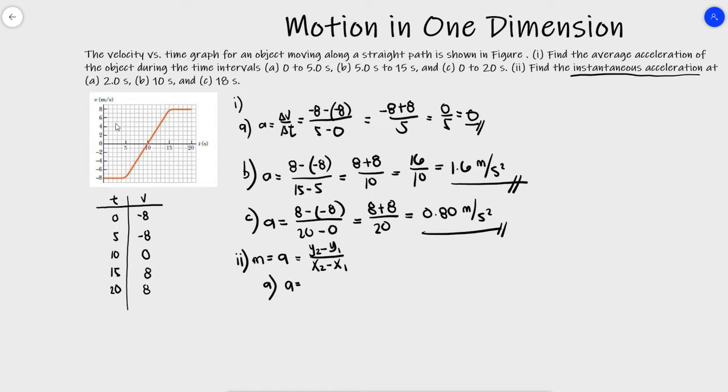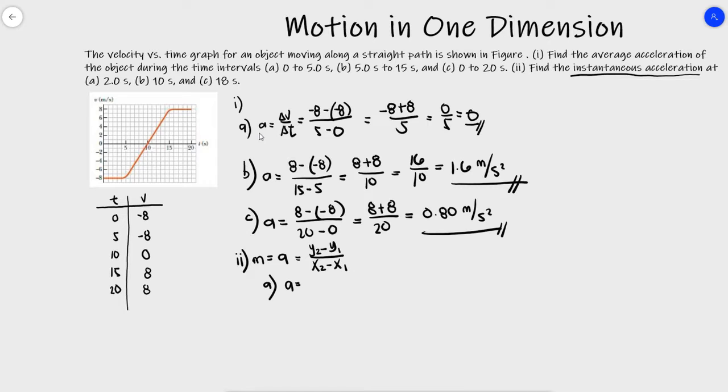Then y sub 2 is the height at 2 seconds. Where is 2 seconds? Somewhere here at the middle. What is the slope of the line after 2 seconds? This line describes that question.